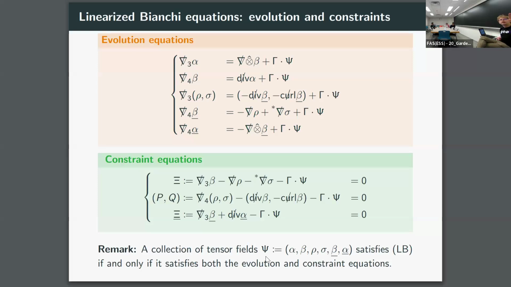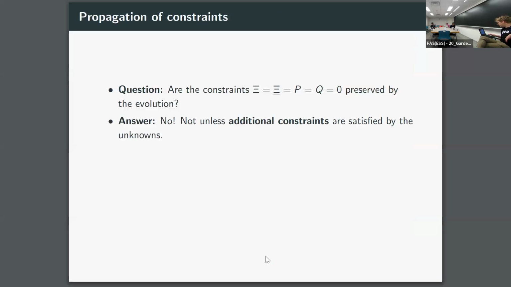These constraints in the lower box here, I'll refer to as the differential constraints, simply because there are derivatives appearing in them. And what I'm claiming here, and what I'll show in the future slides, is that actually that green box of constraints can't be guaranteed to propagate unless there are some additional purely algebraic constraints that are satisfied by the unknowns. So I was surprised when I found this.